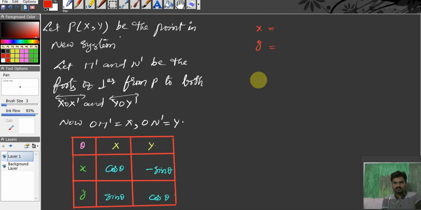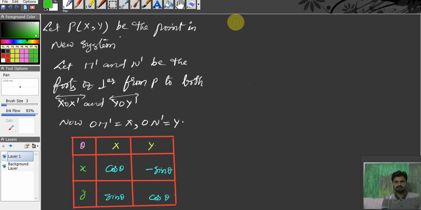Suppose capital X and capital Y are the coordinates of a point in the new system. This is the first case we have to remember.